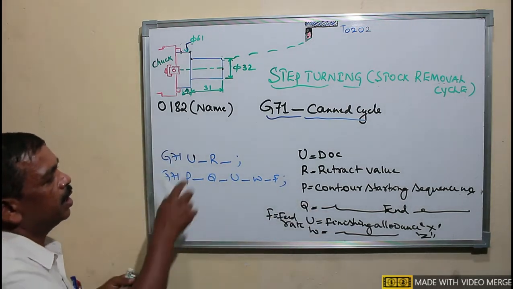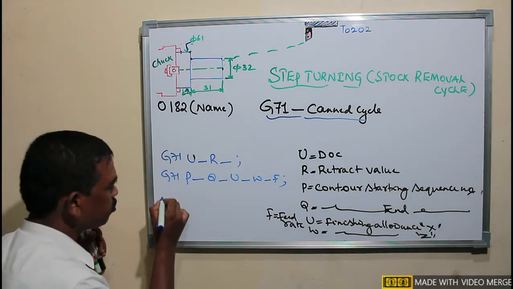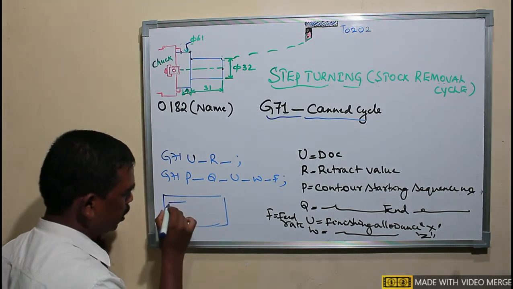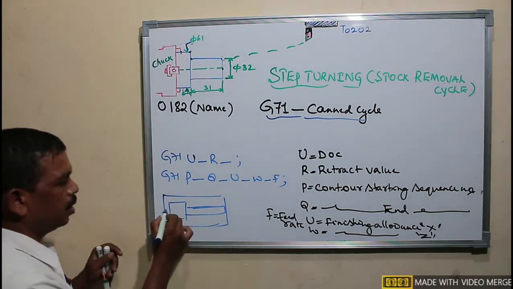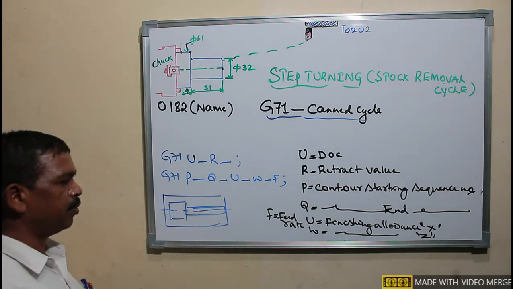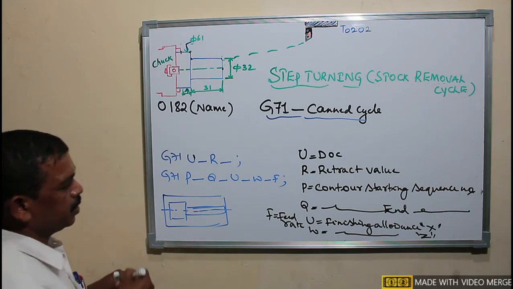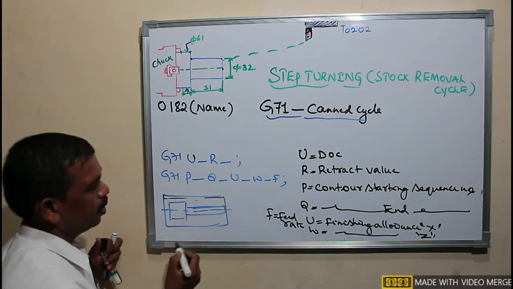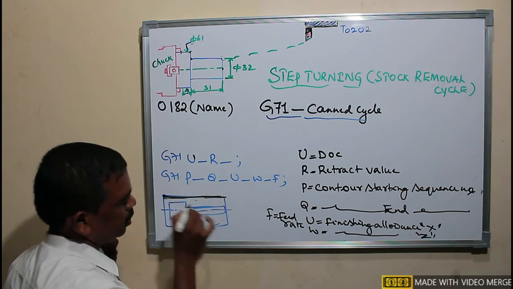See, what is this depth of cut? This is the raw material, and from this we want the shape like this. This is the final shape of the workpiece we want. For reducing this stock, we have to move the tool every time like this.